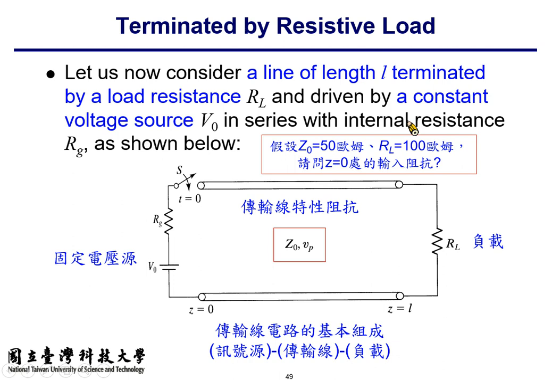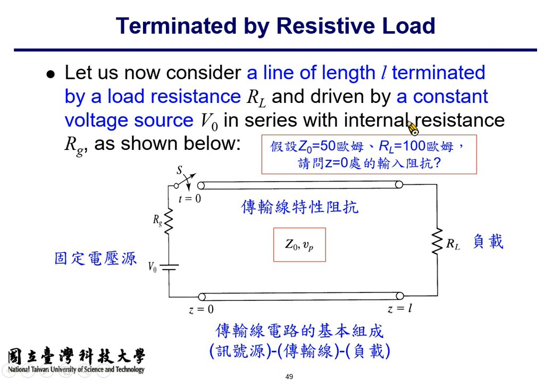So in this slide, we have a simple question. Suppose the characteristic impedance of the transmission line system is 50 ohm, and the load is 100 ohm. What is the input impedance at z equal to 0? Note that in transmission line circuits, you need to specify the length of the transmission line.